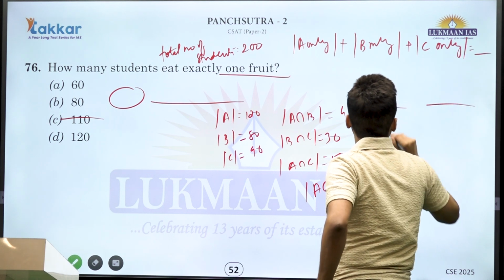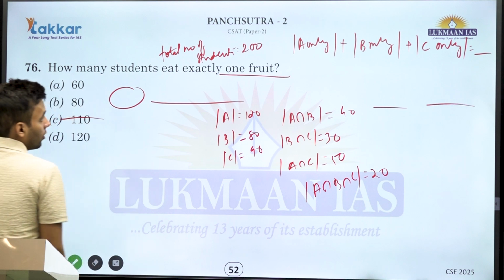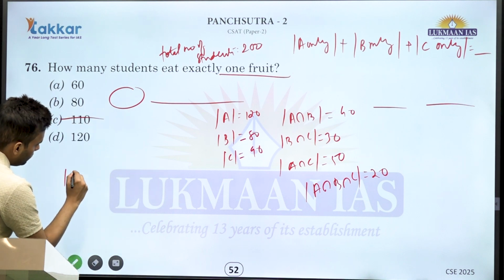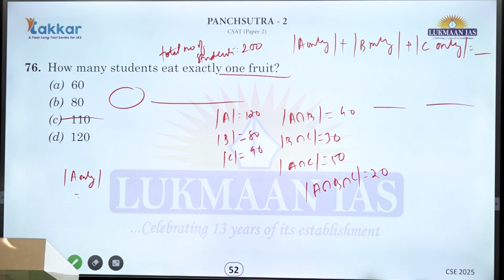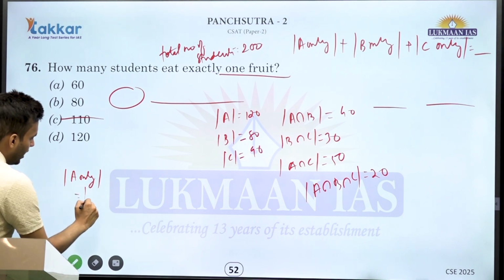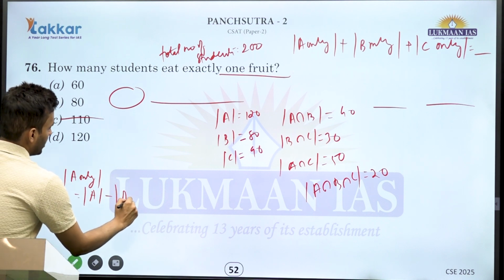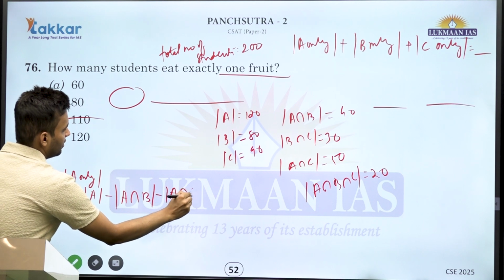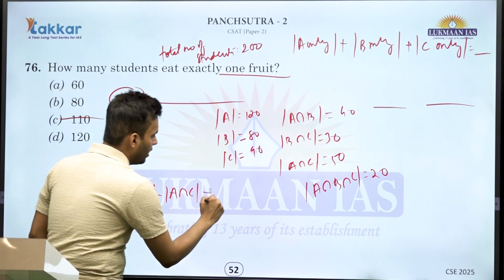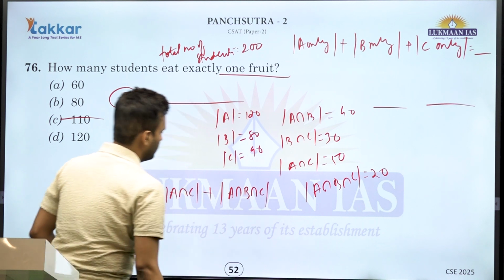Whatever value we get after adding all three will be the answer. So for A only, we take A minus A intersection B minus A intersection C, then we add A intersection B intersection C.